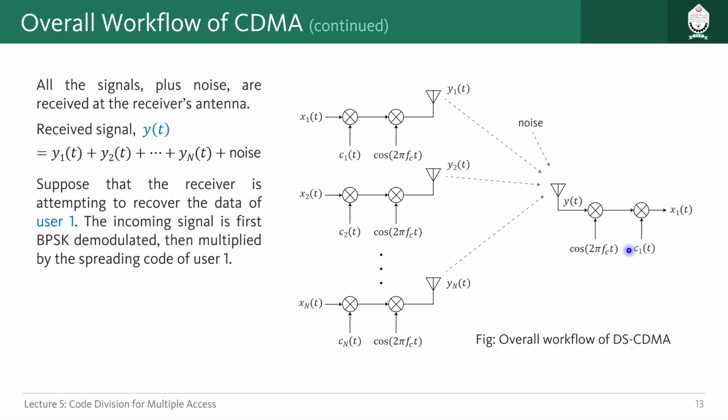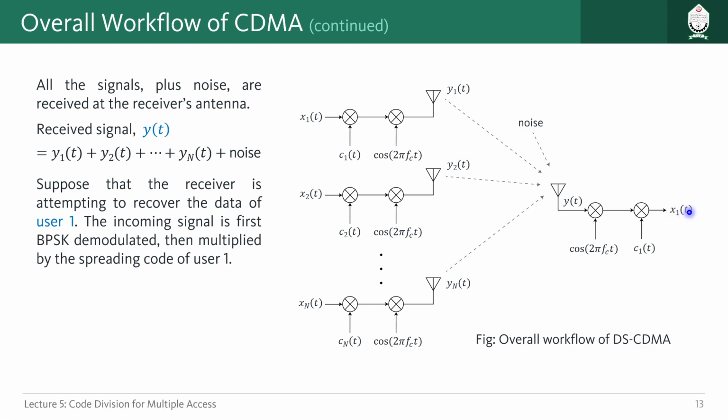So that is done here. First of all, obviously we have to again demodulate our signal using cos 2 pi fct. After doing that, whatever signal we get here has to be despread using C1 of t. And after doing that, we will see that we are getting the desired signal x1 of t transmitted from user 1.